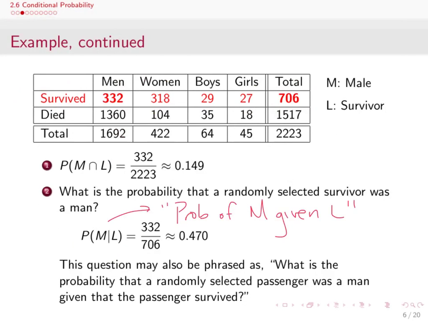So we get 332 out of the 706, which is approximately 47%. It's worth noting that this question may also be phrased as, what is the probability that a randomly selected passenger was a man given that the passenger survived?